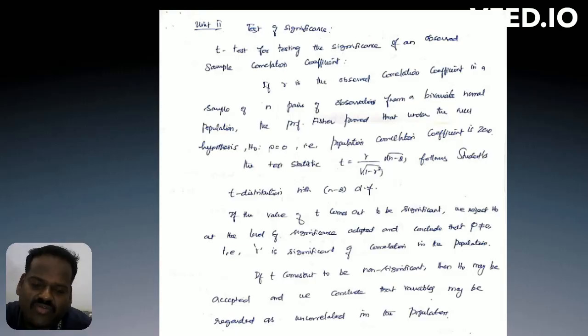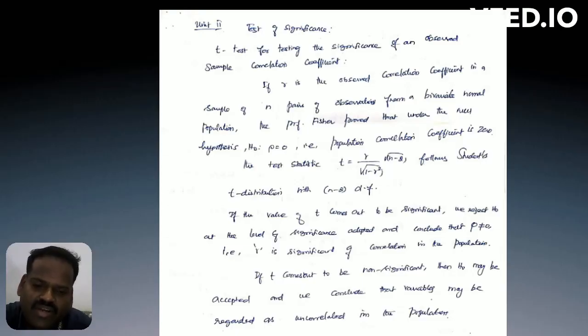We know the notation: the sample correlation coefficient, small r, is the observed correlation coefficient in a sample of n pairs of observations from a bivariate normal population. This test of significance for the sample correlation coefficient was introduced by Professor Fisher, who proved that under the null hypothesis H0: rho equal to 0, that means the population correlation coefficient is 0.